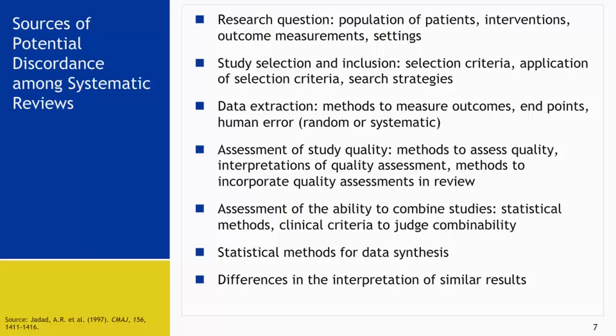Some of you may have already come across in your own systematic review that you don't think these studies should be combined quantitatively, while in the index review that we've given you to look at on the same topic, they did combine the studies to get a meta-analysis. You might disagree with them. Well, why do you disagree with them? What is different about your interpretation of the studies you've found than theirs that you don't think a quantitative synthesis is warranted?